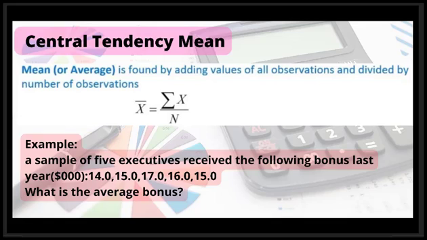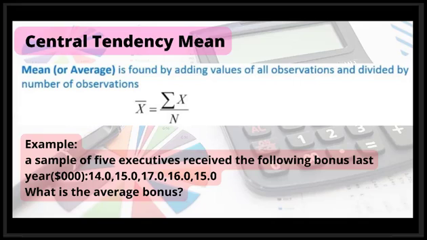You simply sum up all the observations, 14, 15, 17, 16, 15, and divide by the number of observations, in this case 5 executives. So the average bonus is 15.4.